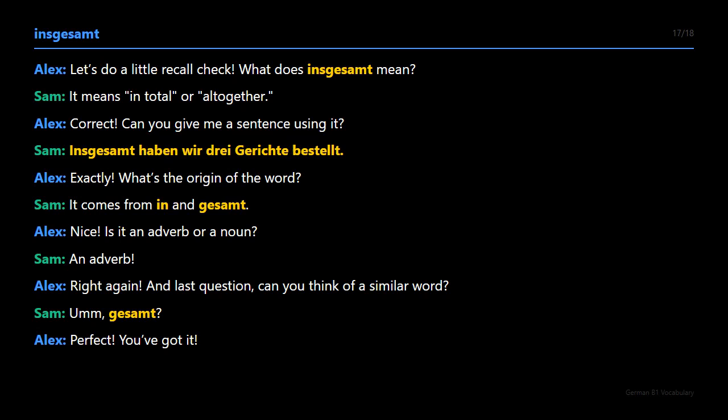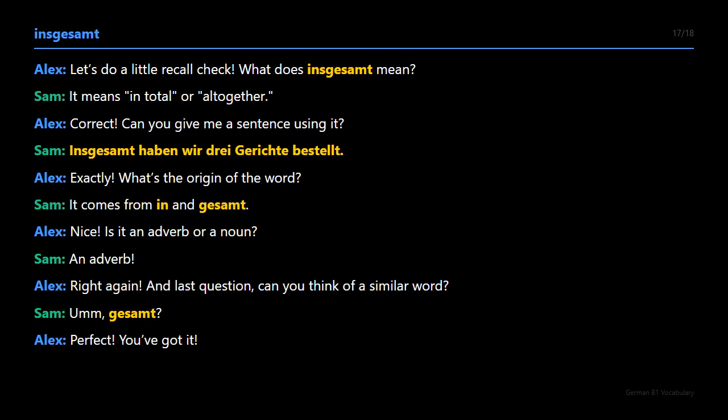Exactly. What's the origin of the word? It comes from in and Gesamt. Nice. Is it an adverb or a noun? An adverb. Right again. And last question, can you think of a similar word? Gesamt.